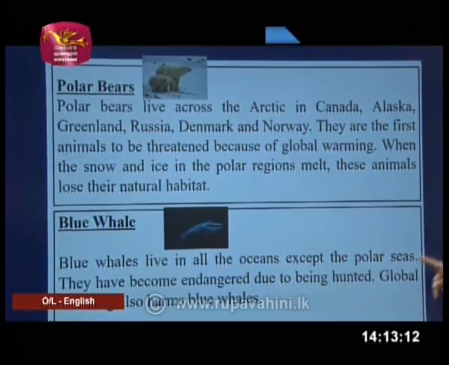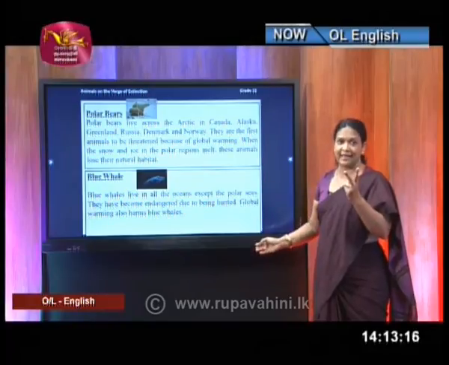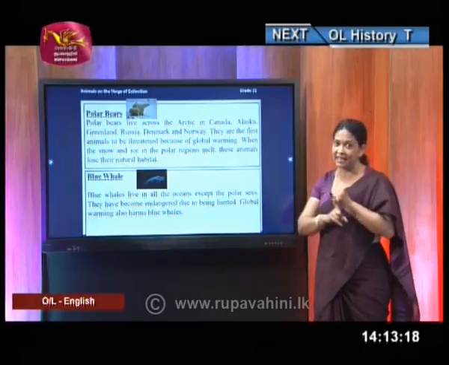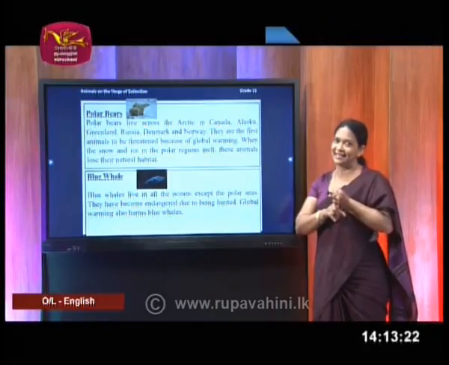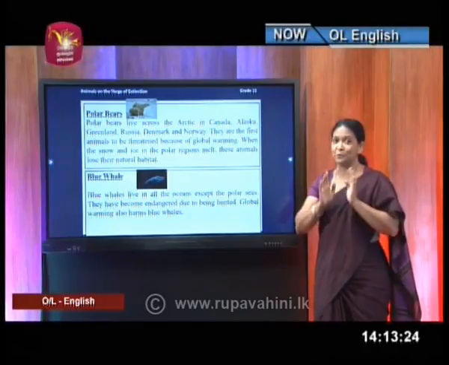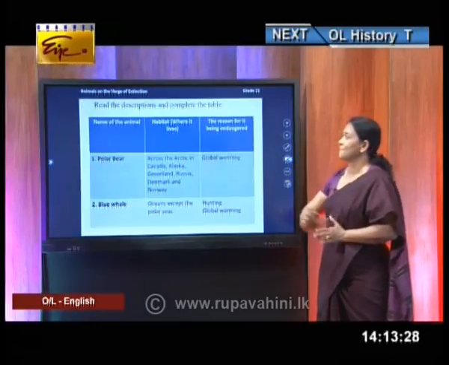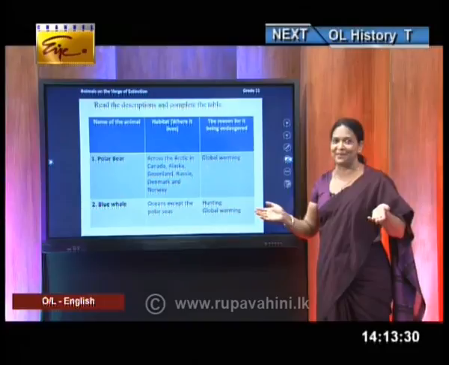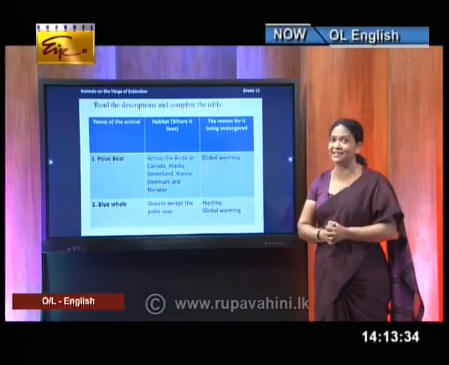Global warming also harms blue whales. So there are two threats given there. One is hunting, the other one is global warming. Is that clear? Okay, to make it very clear, now look at the completed table. You all can be happy now since you all have found out the correct answers.